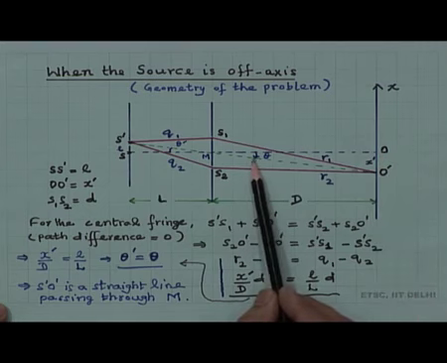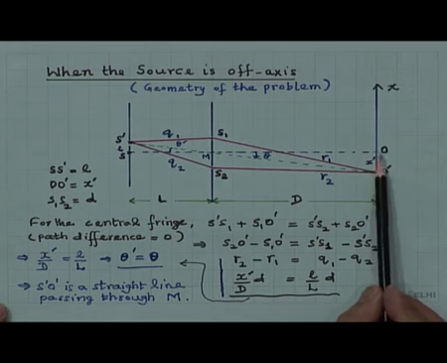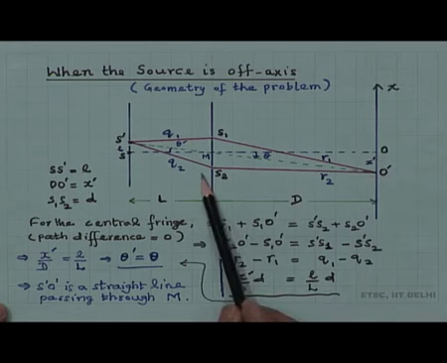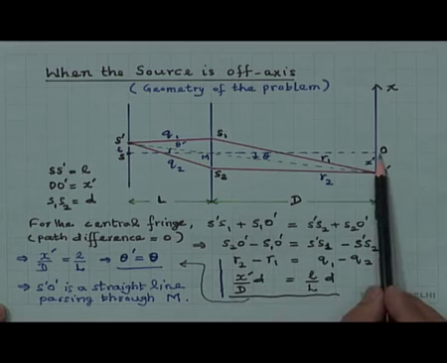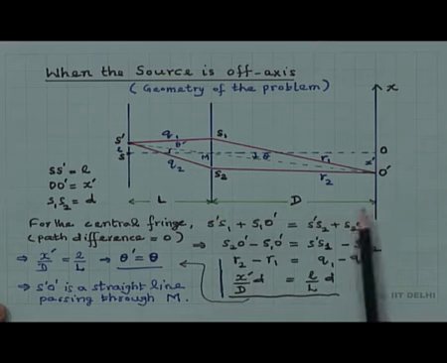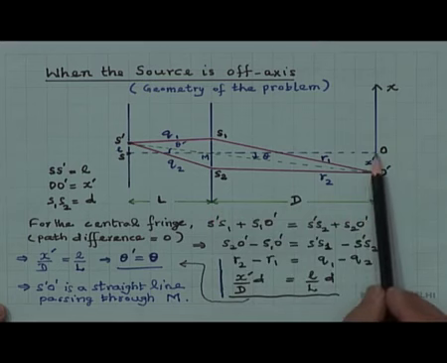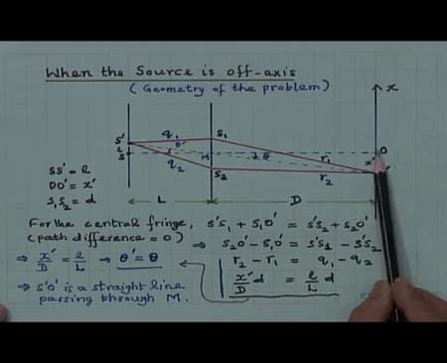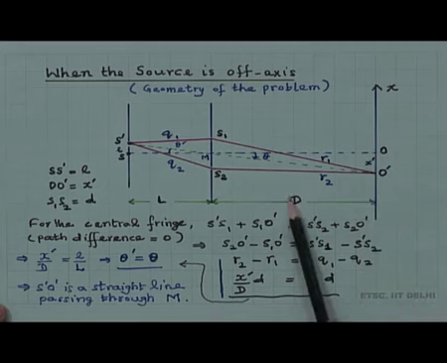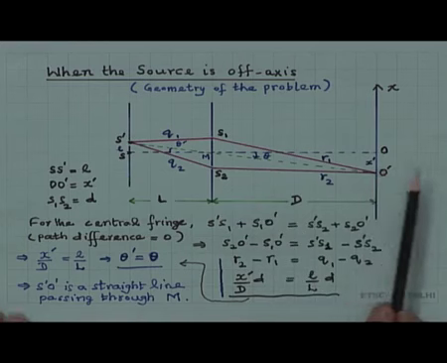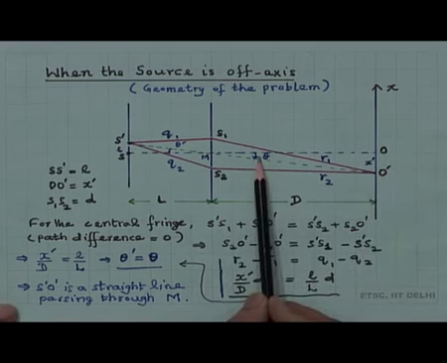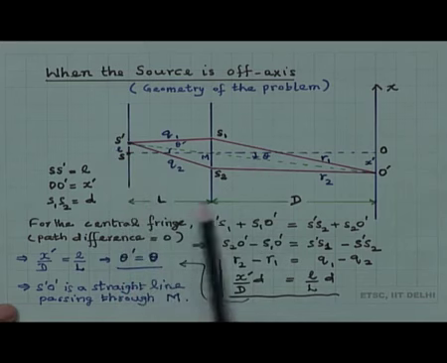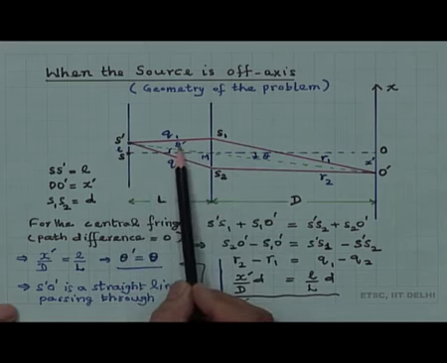x dash by D is this angle theta, tan theta is equal to x dash by D. Tan theta of course is very small here, because the fringe shift is much smaller; D is of the order of 100 centimeters, 1 meter, and the fringes are only moving a few millimeters or so. So even if we do not make the approximation, it is valid, because x dash by D is tan theta and l by L is tan theta dash here.